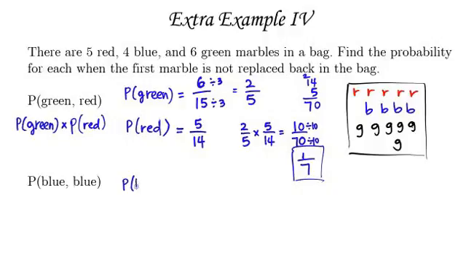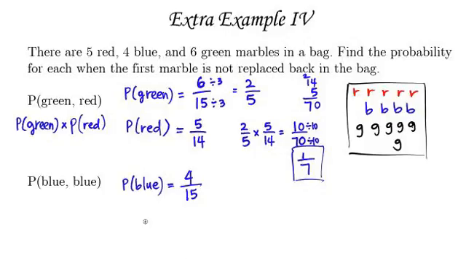So probability of picking the first blue, the first event. What's my desired outcome? How many blue marbles do I have here in the bag? I have 4 blue over a total of 15 marbles. So the probability of picking a blue marble is 4 over 15. I can't simplify it, so that's the probability.